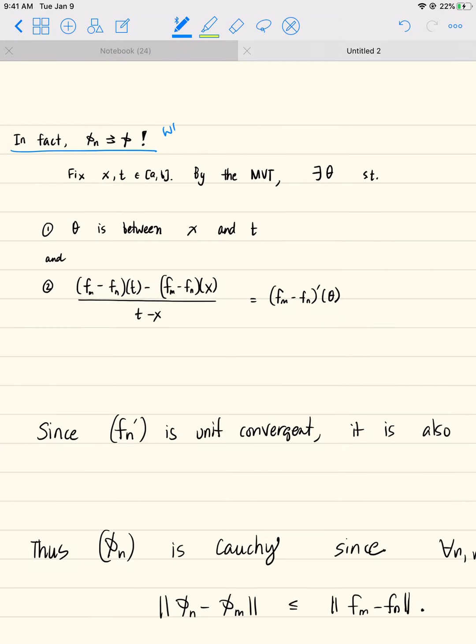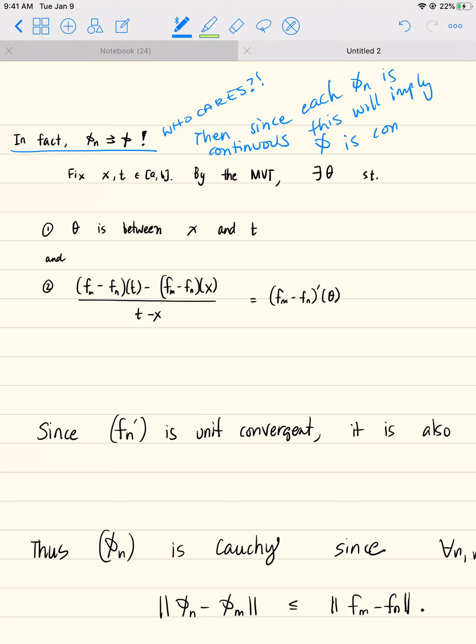So we're asking, who cares? Well, since the phi sub n's are continuous, if phi is the uniform limit, this will imply that phi is continuous.